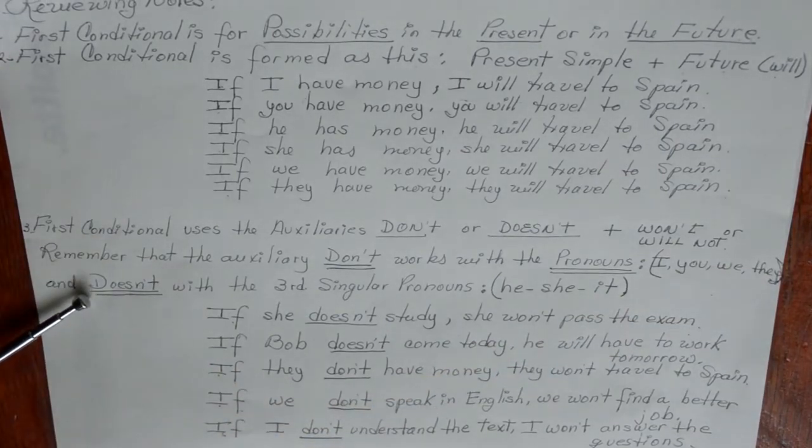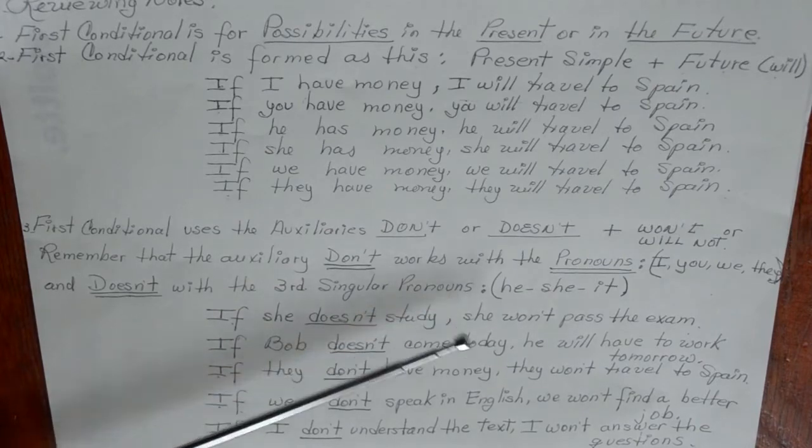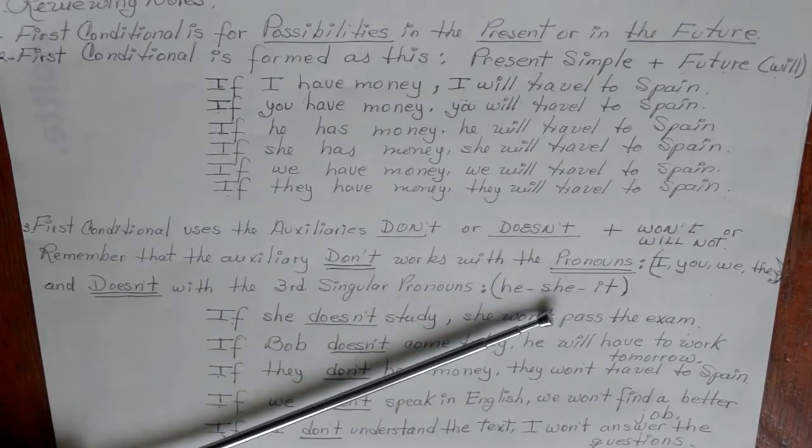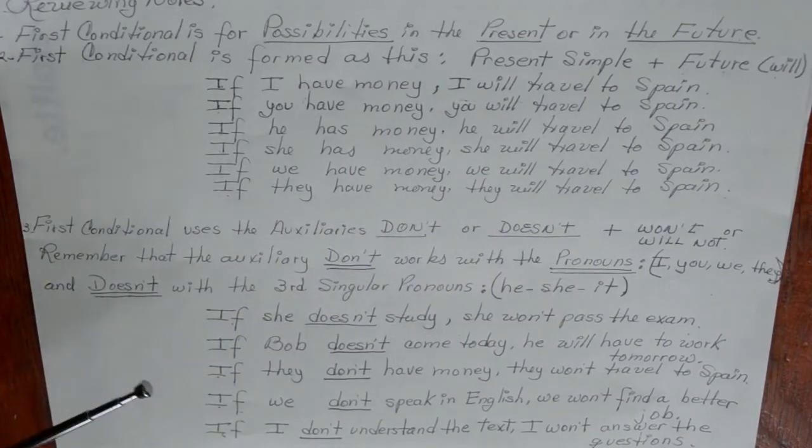Meanwhile, doesn't with the third singular persons, which are he, she, it. Let's see here the way they work.